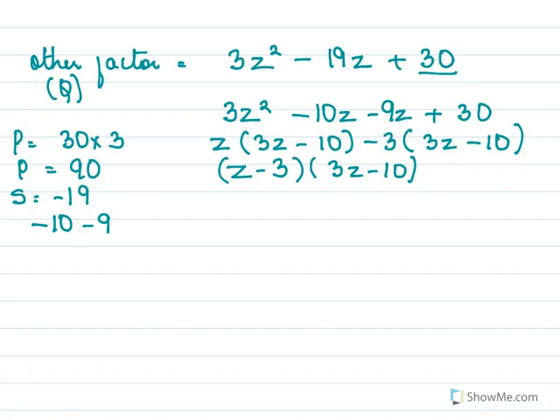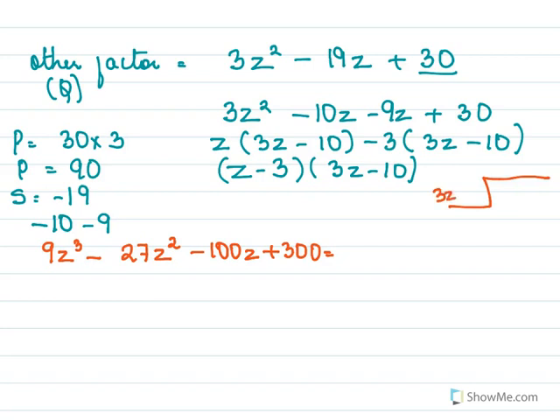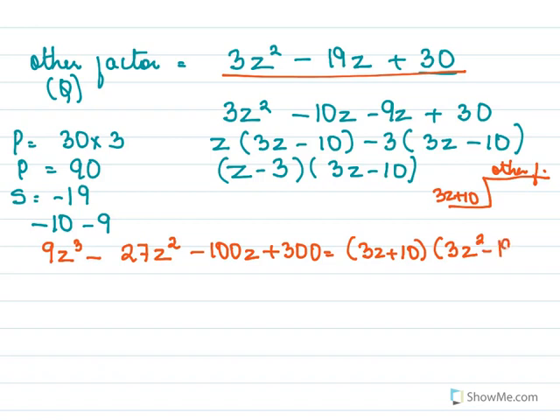Now remember, we were supposed to factorize 9z cube minus 27z square minus 100z plus 300. In the first step, we did the division. We divided by 3z plus 10, and then we got the other factor. So we'll say this polynomial is 3z plus 10 into the other factor, and the other factor was 3z square minus 19z plus 30.